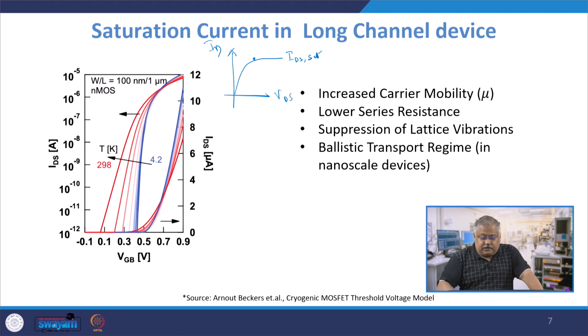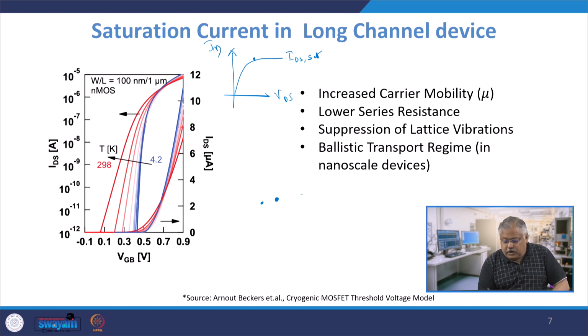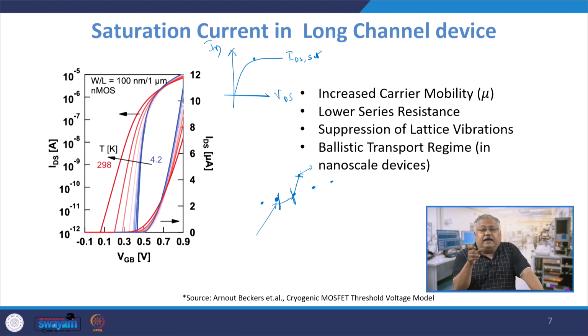If you have lattice points here, an electron is coming and striking it, and then it scatters here, and then it scatters to the next lattice point, then this is the average scattering length. If your device dimensions are less than the average scattering length, we define that to be ballistic transport, primarily meaning that the carriers can reach, theoretically, from source to drain without suffering a single scattering event. This means that your mobility is effectively very high in that case, right.